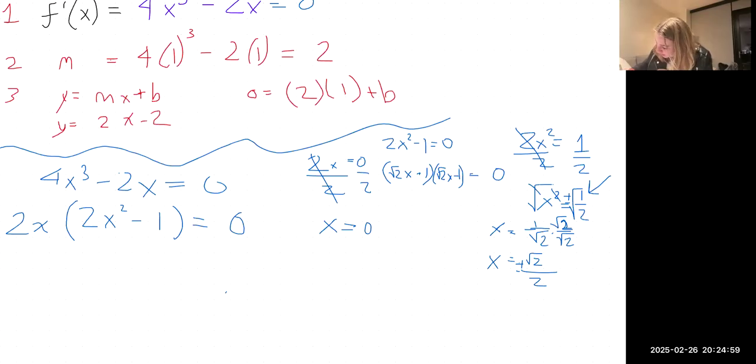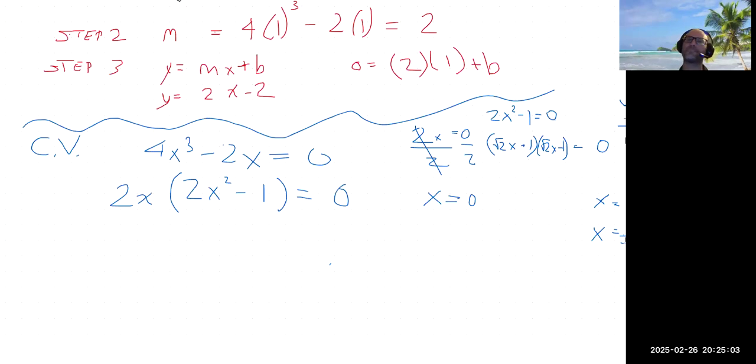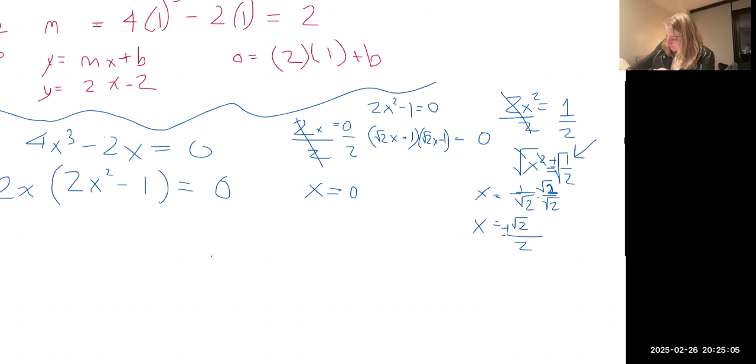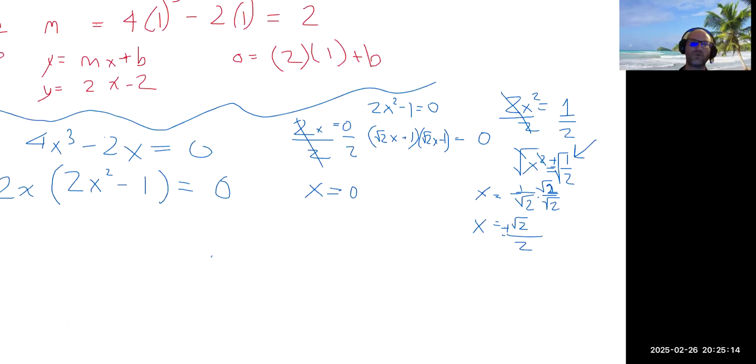In order to be a critical point, it needs an x and a y value. Zero and plus or minus the square root of 1/2 are my critical values. And he's leaving it as the square root of 1/2.